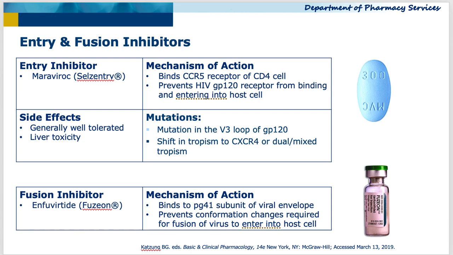Then next we have the fusion inhibitor, called enfuvirtide, brand name Fuzeon. How it works is it binds to the GP41 subunit of the viral envelope and prevents the conformational change required for fusion to occur. Fuzeon is, instead of an oral tablet, a subcutaneous injection, which makes it not very fun.